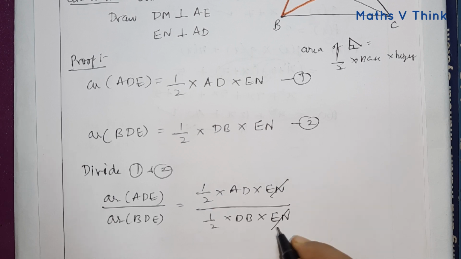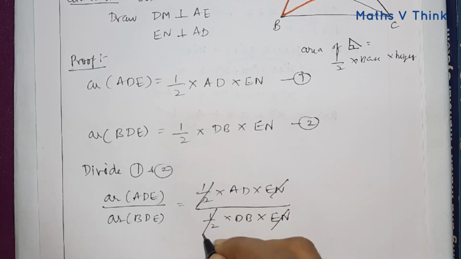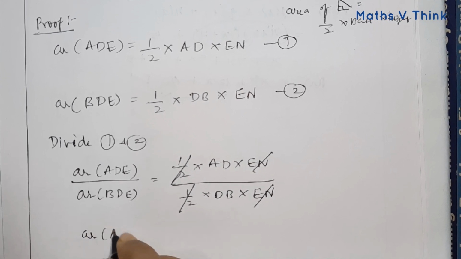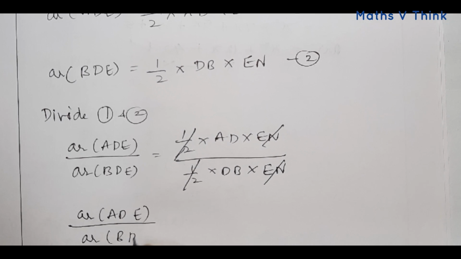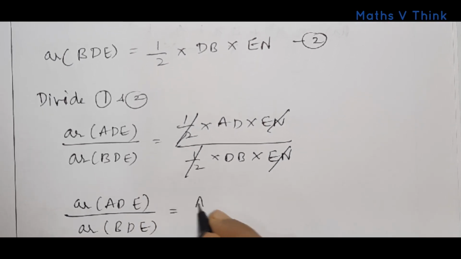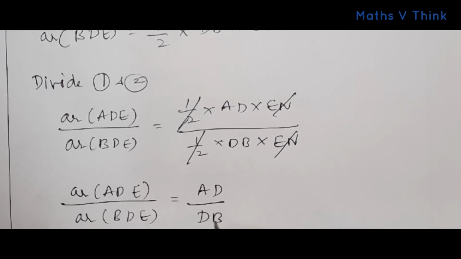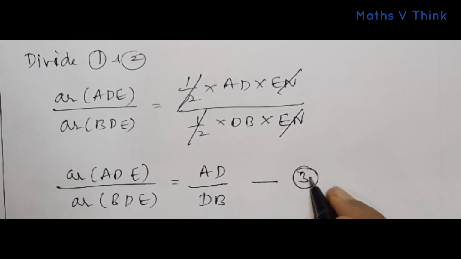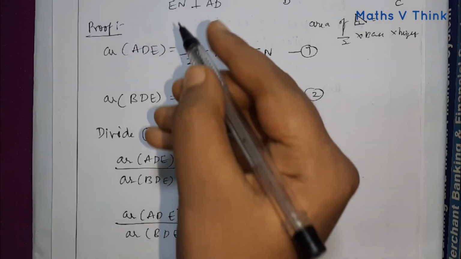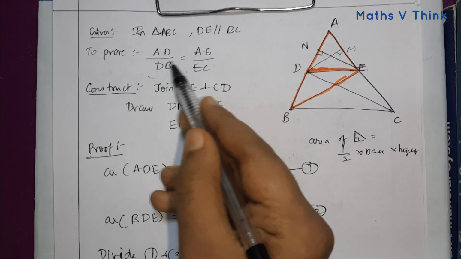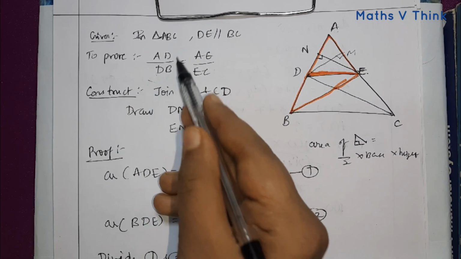So EN gets cancelled, half gets cancelled. So area of ADE by area of BDE is equal to AD by DB. Let this be 3, third equation. Now we got AD by DB, which is the left side, like this part. AD by DB we got.